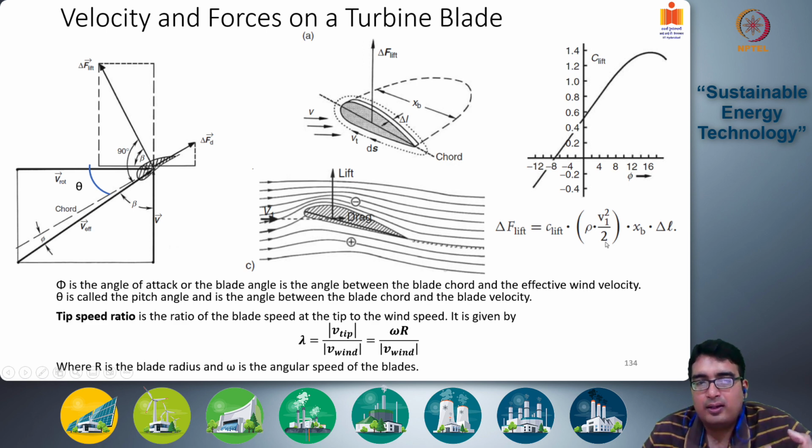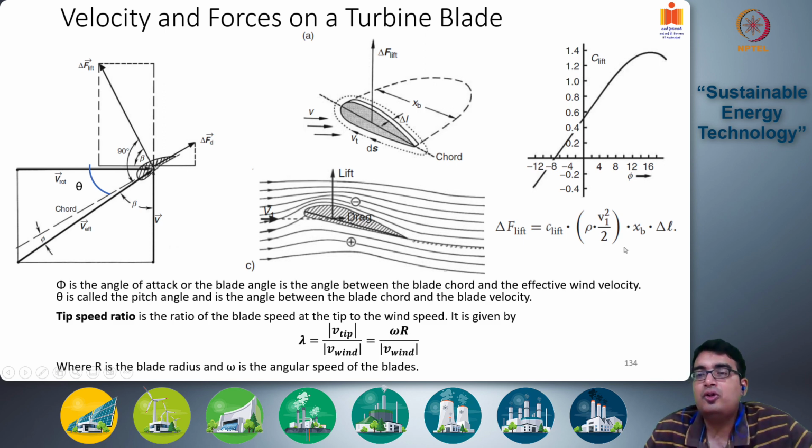This is the velocity of the oncoming wind with respect to the blade, rho v1 square by 2, into this cross sectional chord length xb, into delta L, the differential length of this cross sectional area.